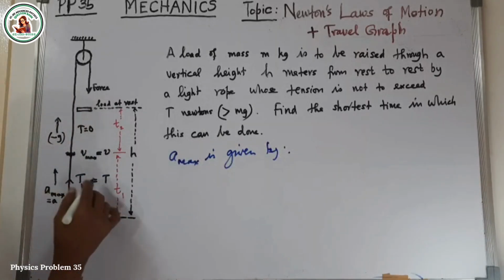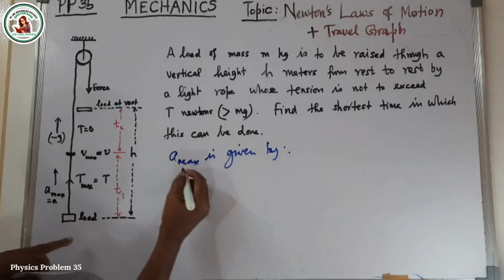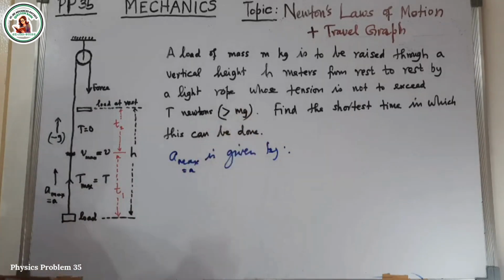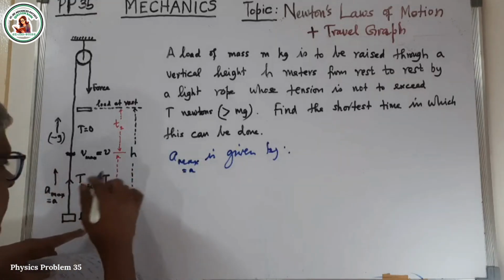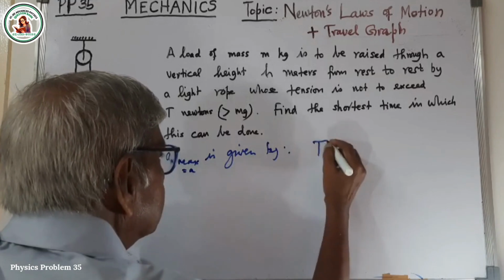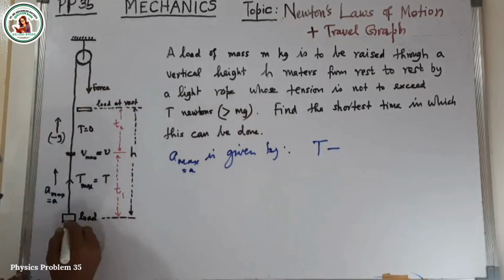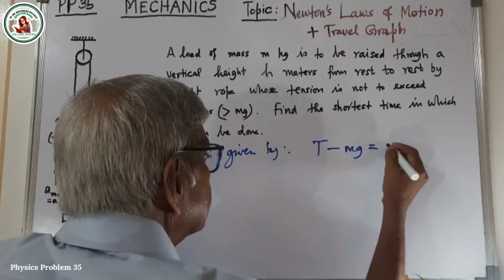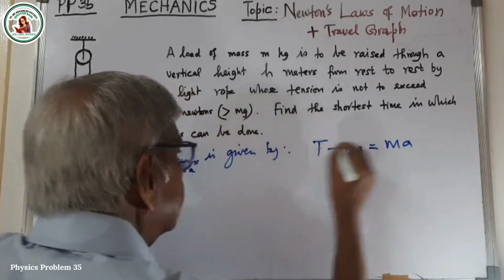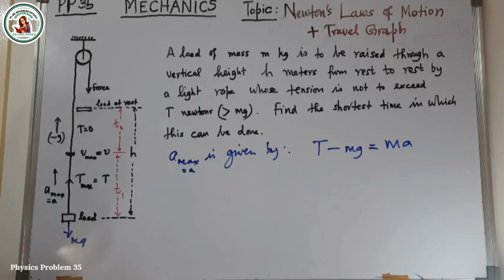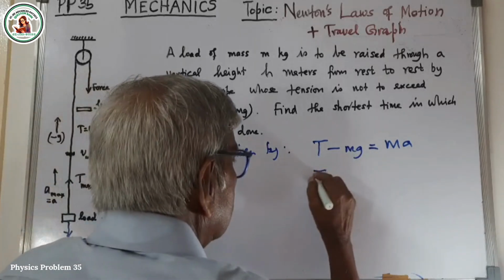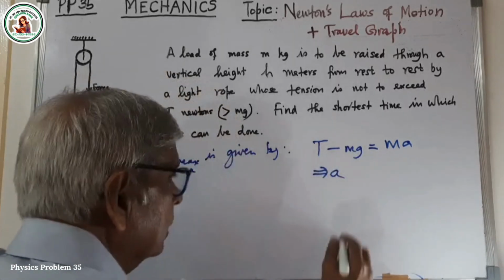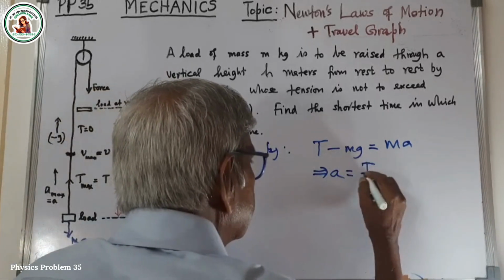T maximum is denoted as T, A maximum I am denoting as A. So T, positive force, minus mg, where mg is the load weight, is equal to m times A. From this we get A equal to T by m minus g.